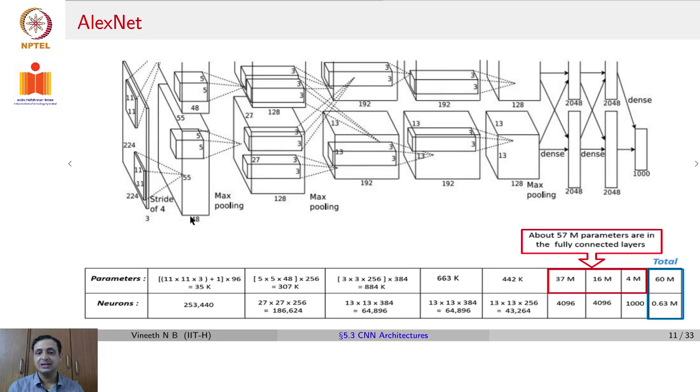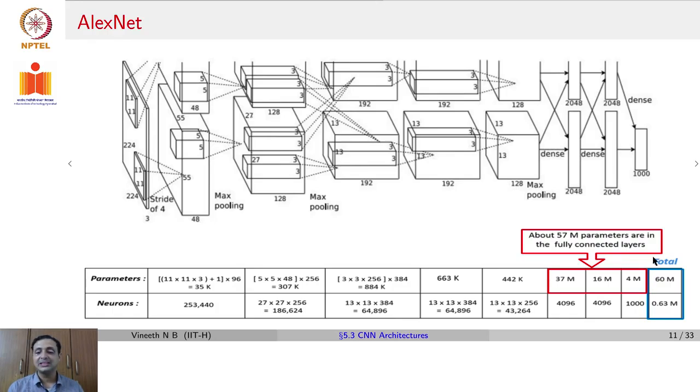Initially it was 96. The next layer had 128 plus 128 filters, or totally 256 filters. Then 192 plus 192, that's about 384 filters, and so on and so forth. You can see that as you go deeper, the number of parameters keeps increasing, the number of neurons decreases, until you go to the fully connected layers, where the number of parameters simply takes off and goes to the order of millions.